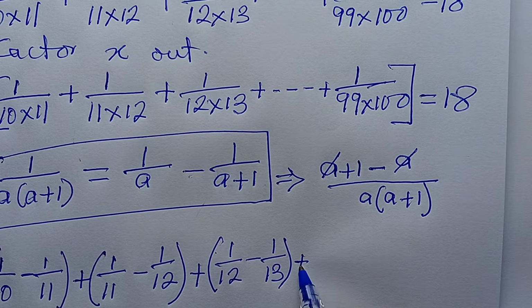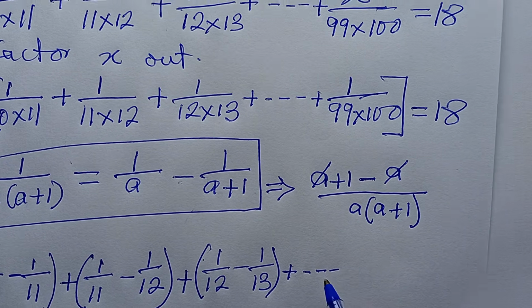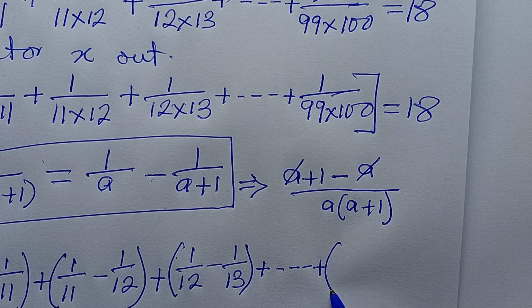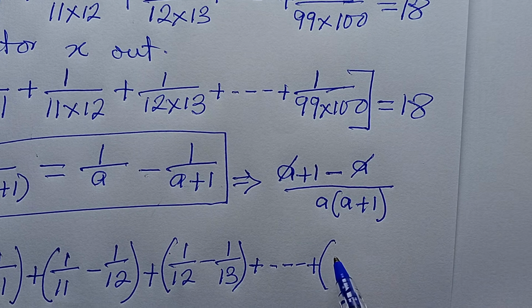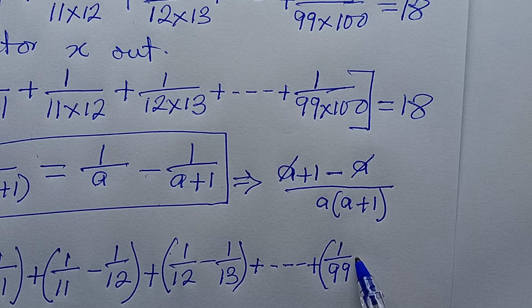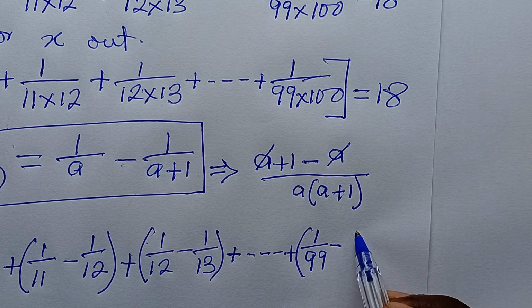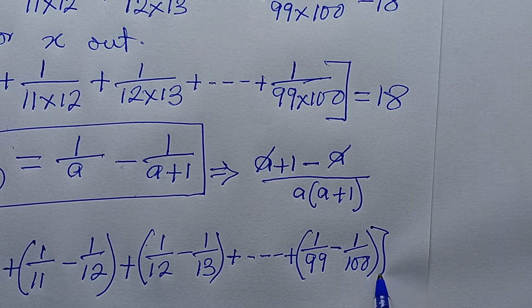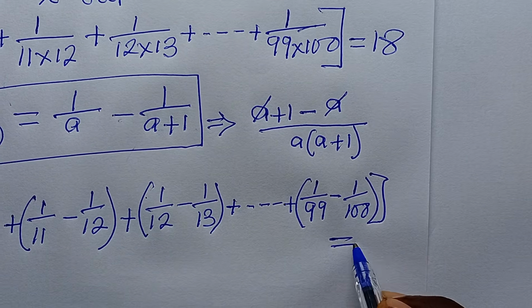Then we have our plus here, dash, dash, dash, the plus. Then here we're going to have the same thing. This is going to give us our 1 all over 99. Then minus 1 all over 100, close bracket. Okay, then everything is equal to 18.